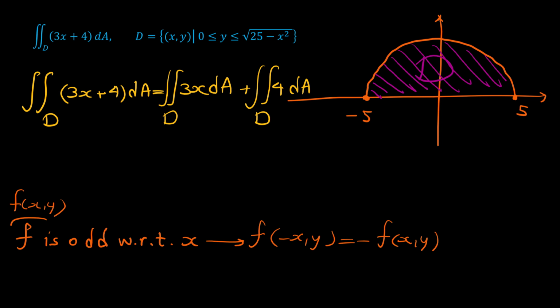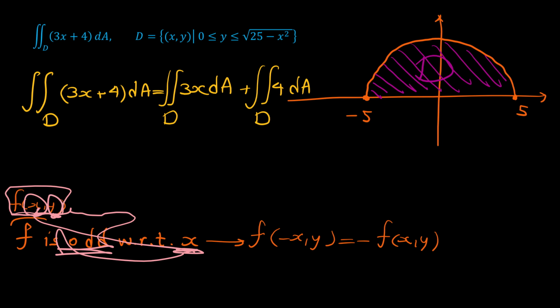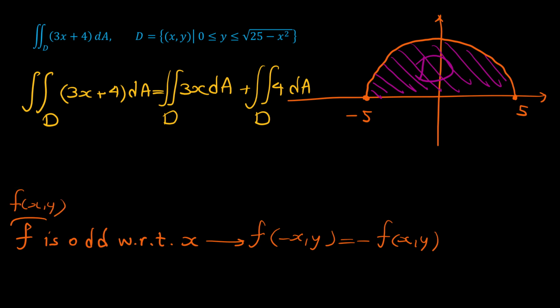So please attention. We say a two-variable function is odd with respect to variable x because it has two variables. It can be odd with respect to x or it can be odd with respect to variable y. It is odd with respect to variable x if f of negative x and y equals negative of f of x and y.